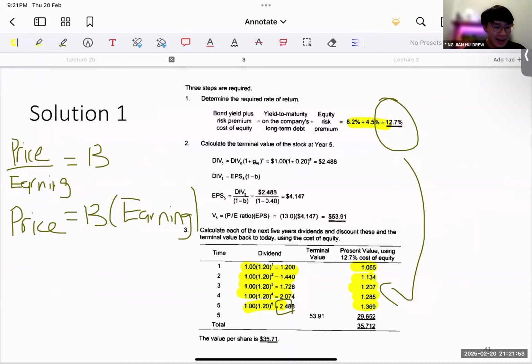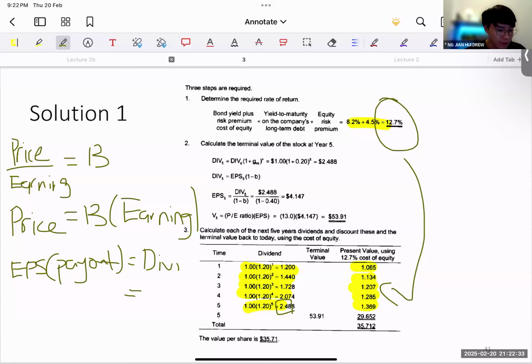The earnings per share, EPS, times your payout equals your dividends.